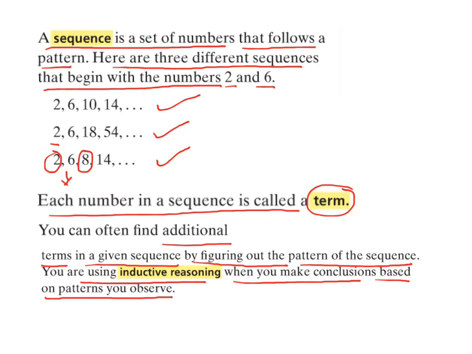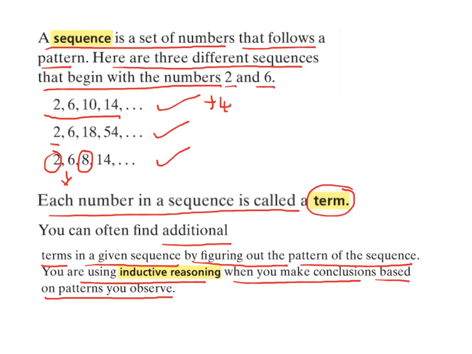For example, let's look at the sequence. 2 and the next term is 6 and the next term is 10 and the next term is 14. So what is the pattern you observe? We observe that every term is increasing by 4.